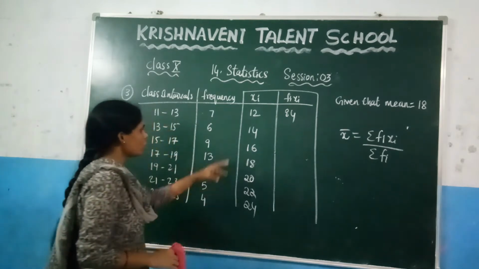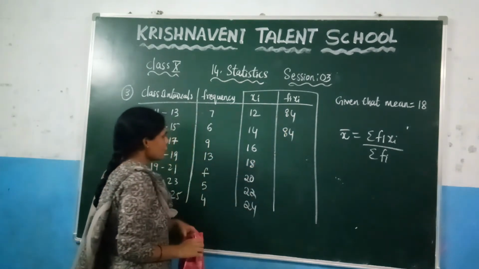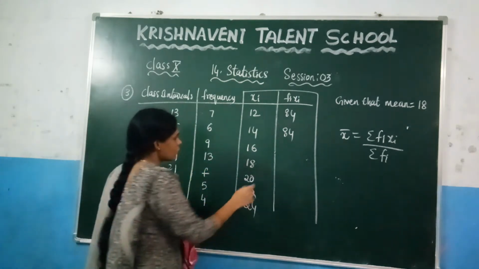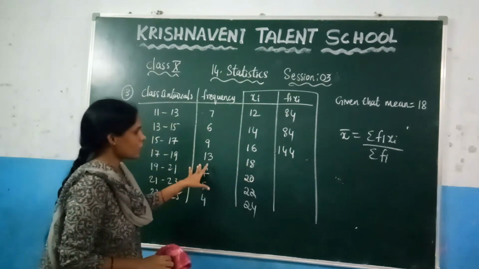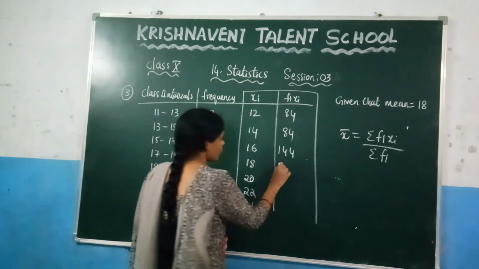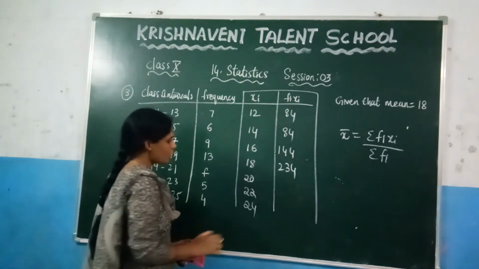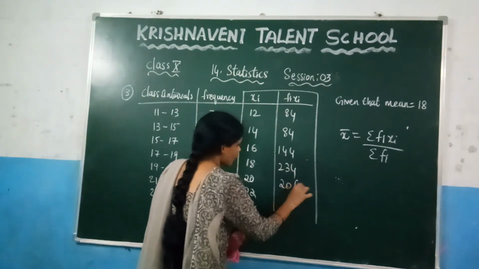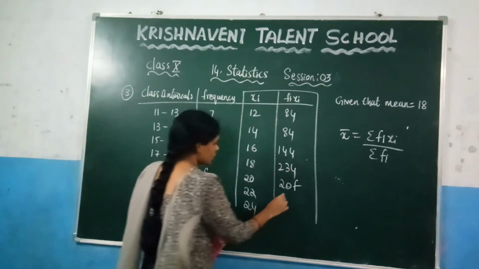And after that 14 into 6, again 84. And after that 16 into 9, which is 144. And after that 18 into 13, which gives you 234. And after that 20 into f, which is 20f. And after that 22 into 5, which is 110.